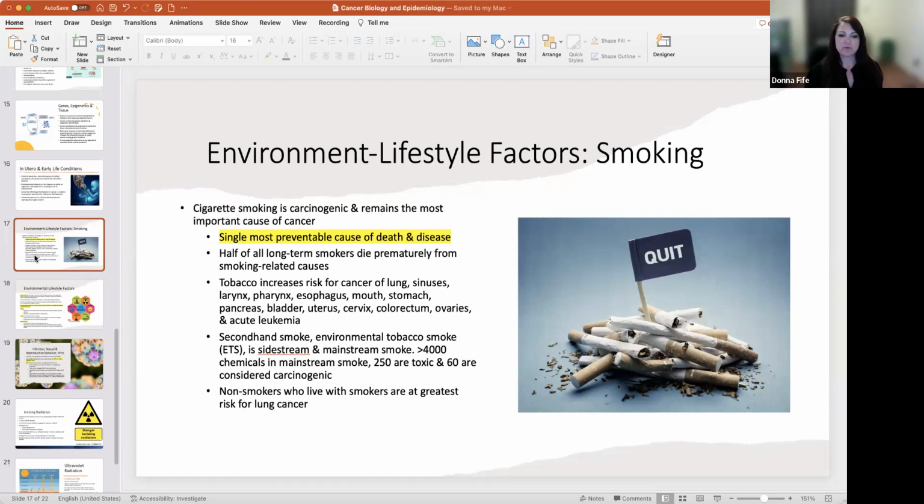Smoke is found to have over 4,000 chemicals in the mainstream smoke, 250 of which are toxic, and 60 are considered carcinogenic. So that's exposure to a lot of different toxins. Non-smokers who live with smokers are at the greatest risk for lung cancer because of that secondhand smoke.